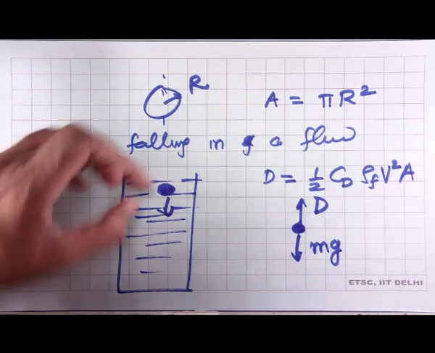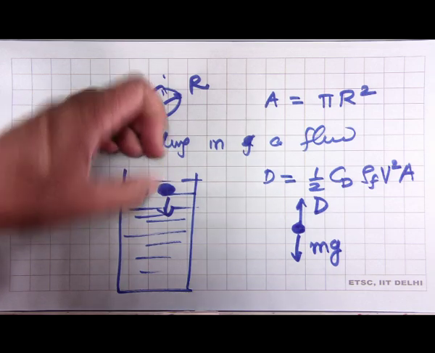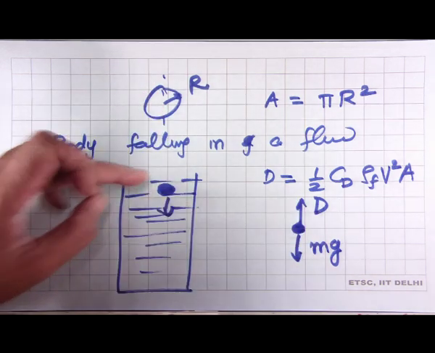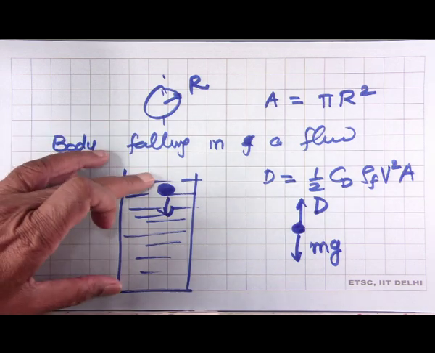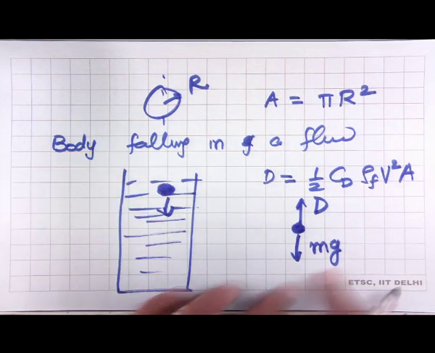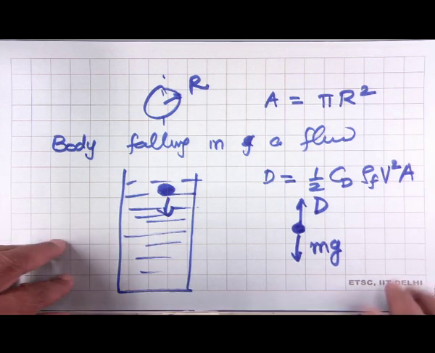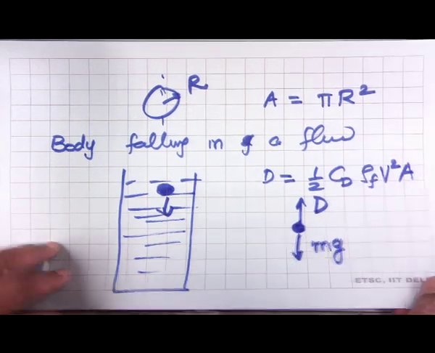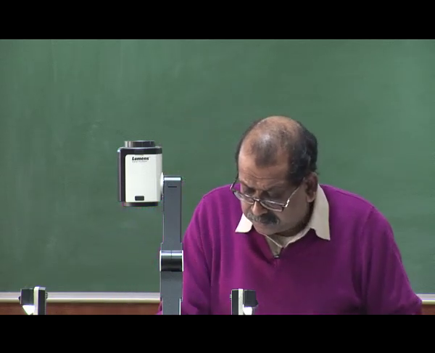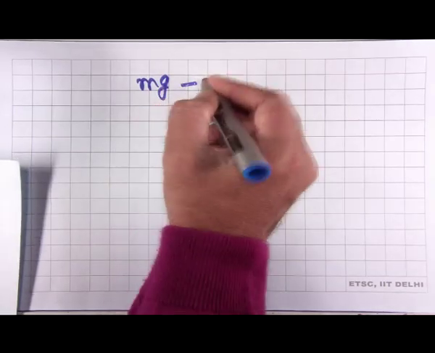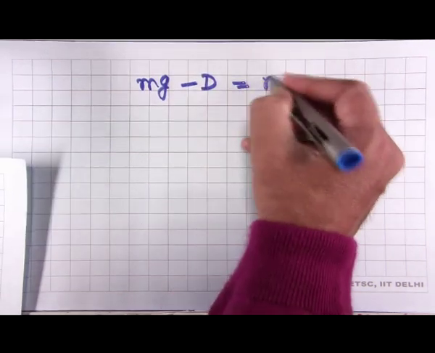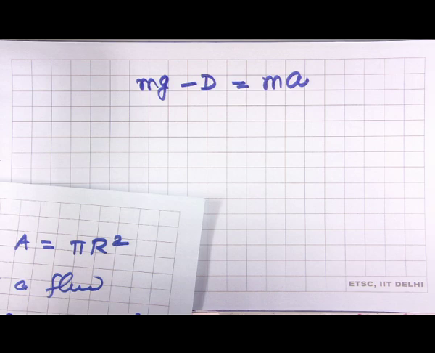Now, as the body starts to fall, initially it is at 0 velocity, so there is no drag. Because of the weight the body starts to accelerate, so mg minus D will be equal to mass times acceleration of the body.